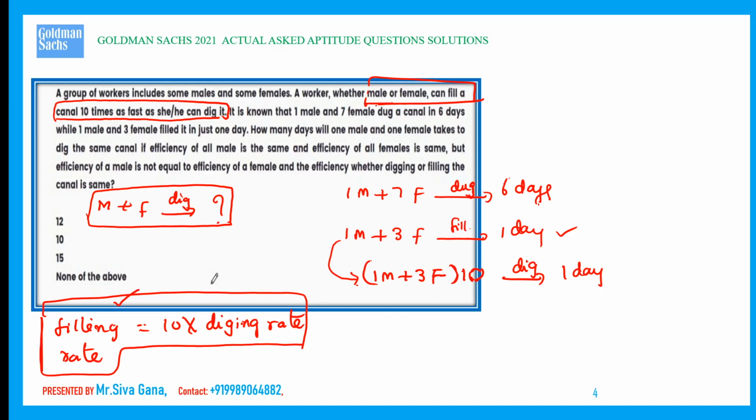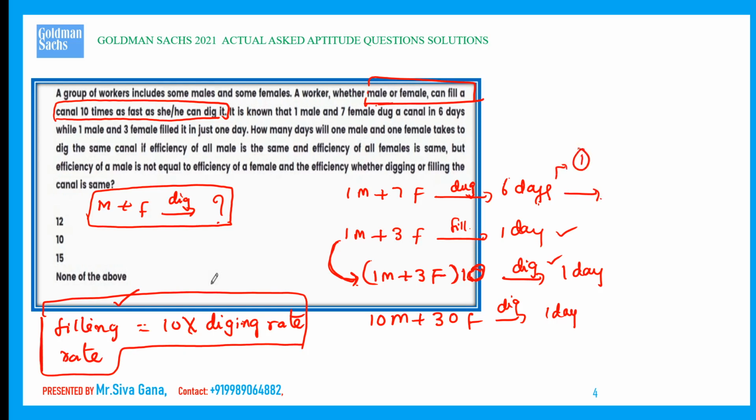Digging rate is less, so we need more manpower, 10 times more manpower. Beautiful. Let us say this is equation 1.